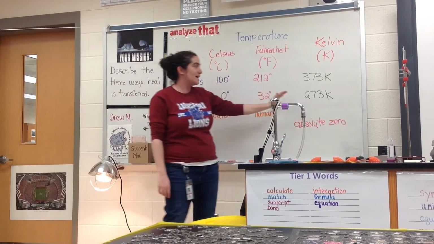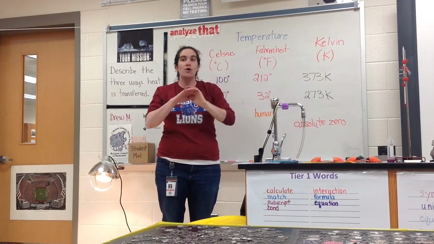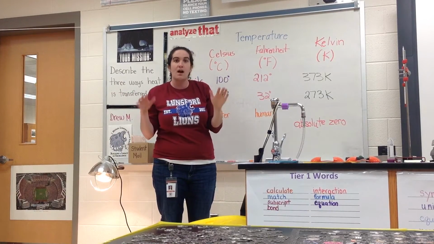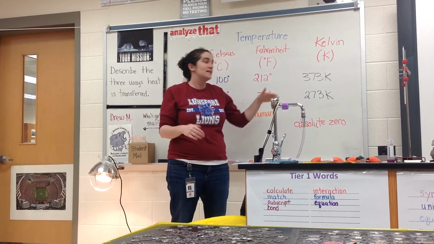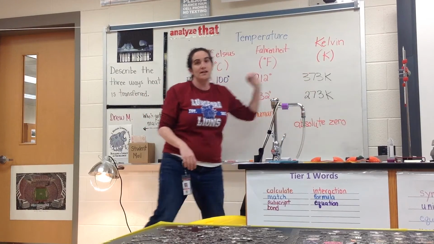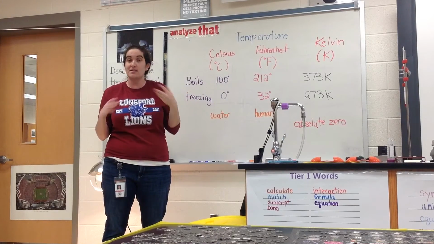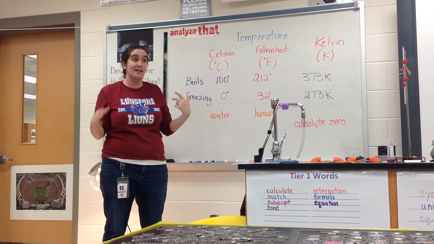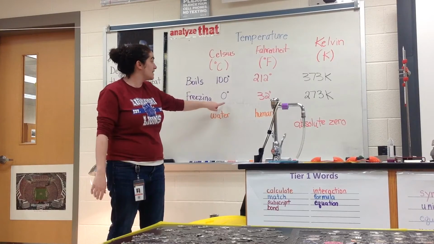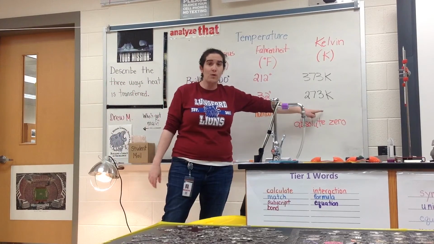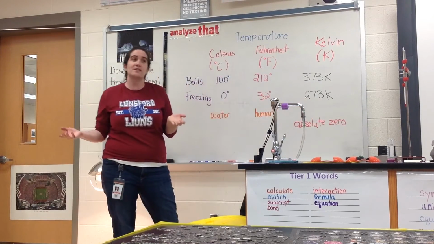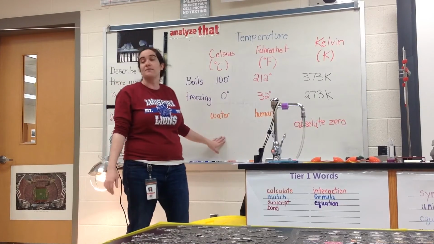So Kelvin is set up so that there are no negative numbers, but each increment on the Kelvin scale is the same as if it was on the Celsius scale, which is why SI units, the System International, the standard science units for temperature, can be either Celsius or Kelvin. In our classroom setting, the standard SI unit is going to be Celsius.